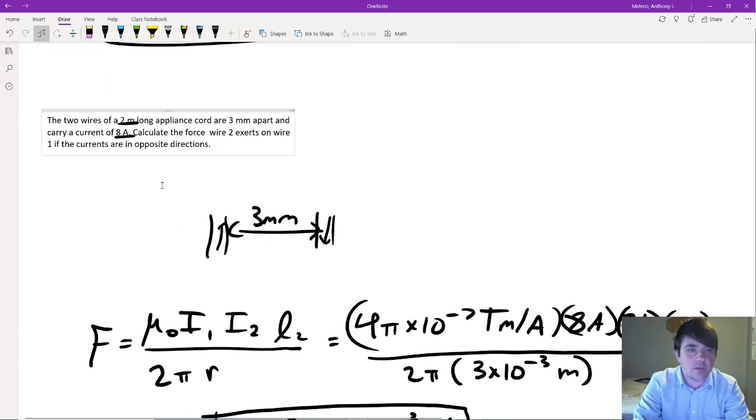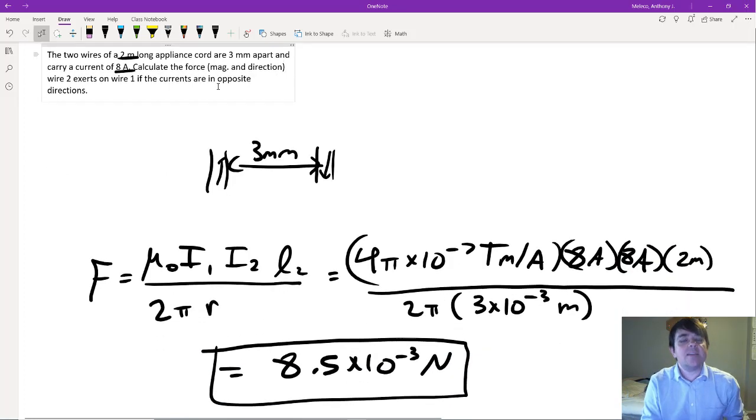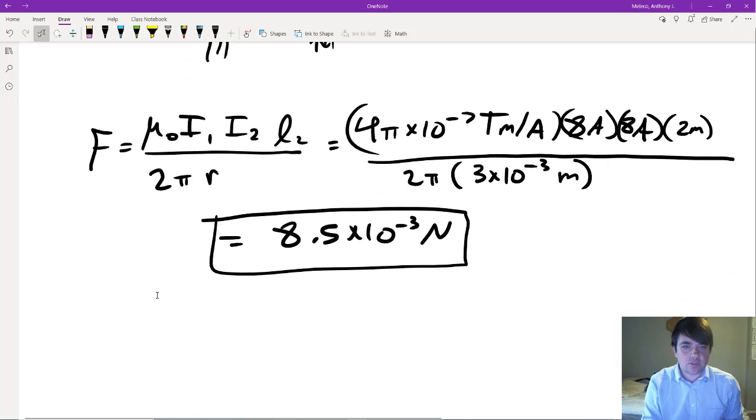Okay, the other thing we needed to know is we want, I should be more explicit here, calculate the force magnitude and direction. And it says if the currents are in opposite directions. So opposite directions means repulsive.